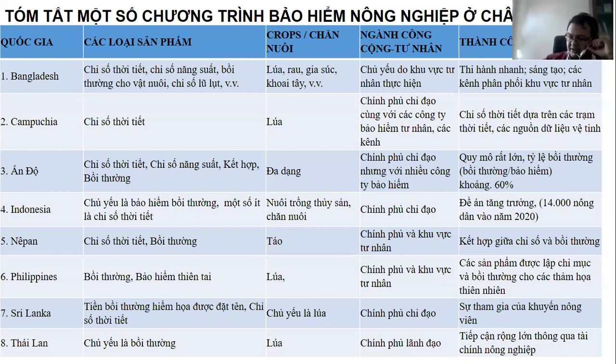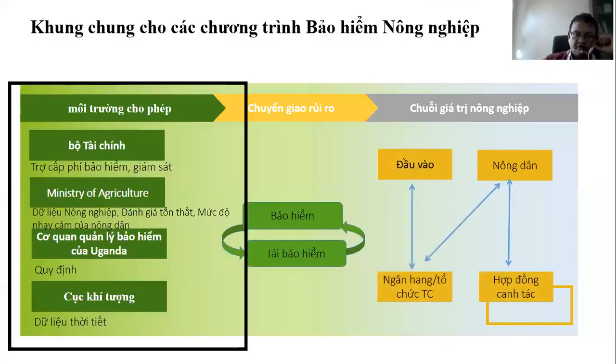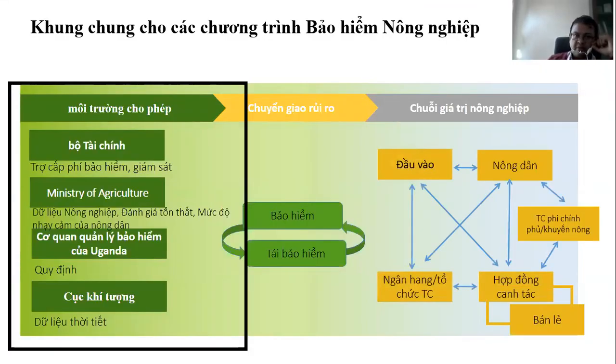So in the next slide, we have just overall information on the general framework of agriculture insurance schemes. And again, this is quite relevant to understand what could be some of the potential roles of government. As you can see, it's very important for government to create an enabling environment.